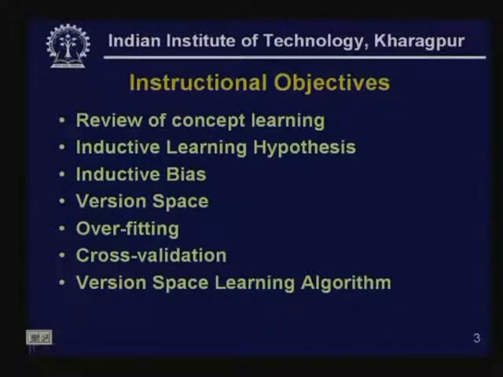We will look at the definition of a version space. We will discuss the concept of overfitting, and we will also look at the issue of cross validation in order to find out the accuracy of a classifier, and we will look at some versions of the version space learning algorithm.